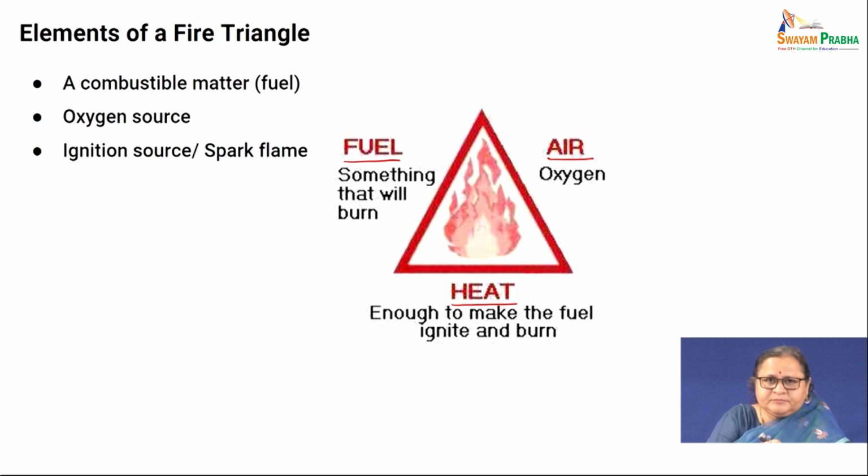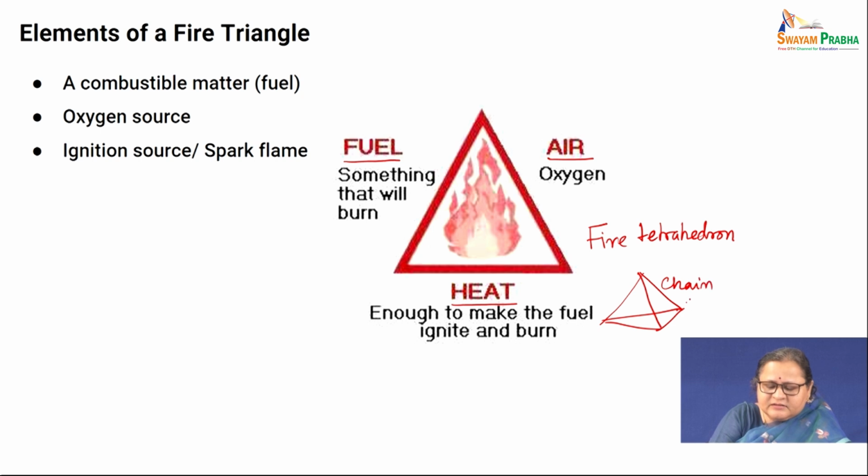But nowadays another concept has come, which is the fire tetrahedron, where there is another component apart from these three, where it is told that there is a chain of reactions which sustains fire when this fuel, heat and air is burning.